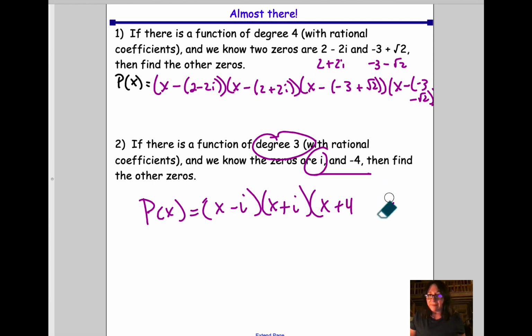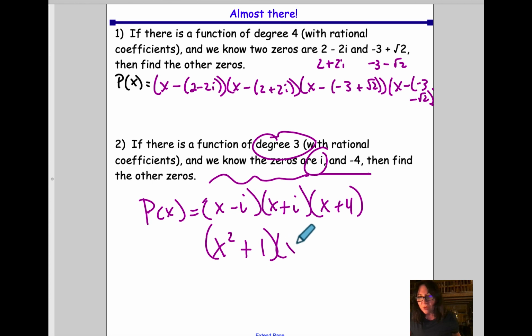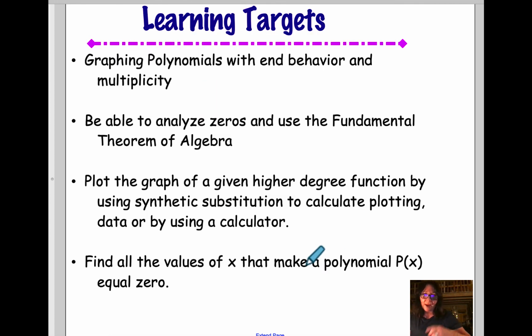And that's it. You would absolutely be expected to multiply these out. We've already done one like this, where you have x plus i and x minus i, which you should know now is x squared plus 1. And then you would just multiply by x plus 4. And then you could get the polynomial as a cubic, all written out.